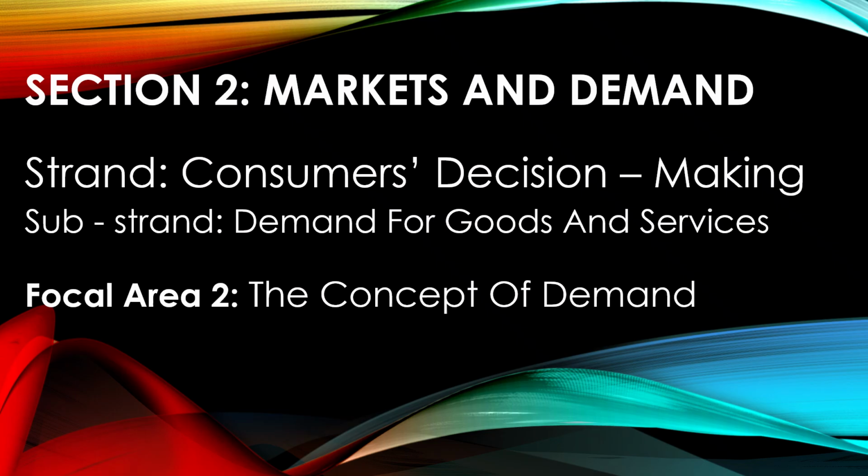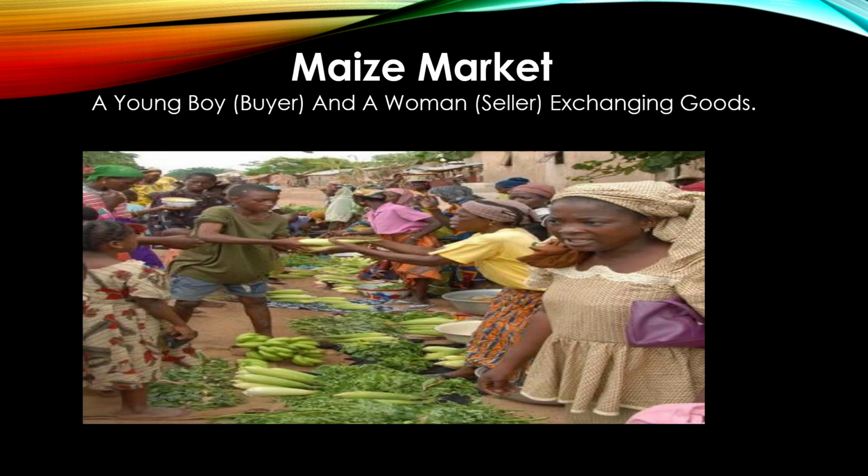So you are considering markets and demand. Under the strand consumer decision making, sub-strand demand for goods and services, we want to focus on focal area 2, the concept of demand. Looking at this market, you see a young boy and a young woman exchanging goods.